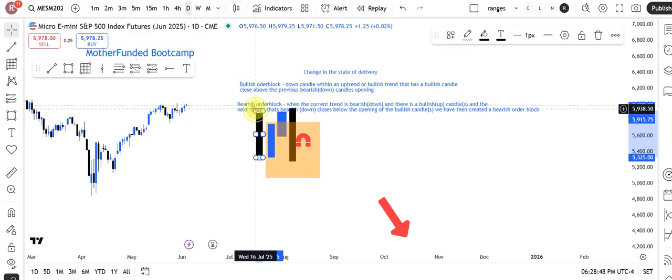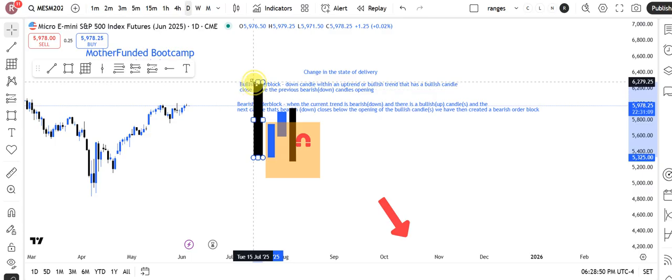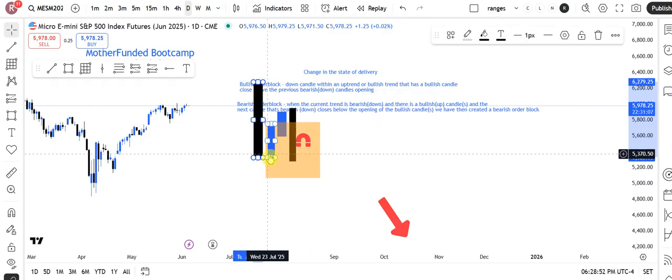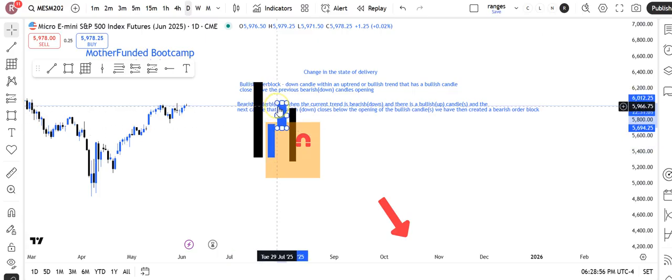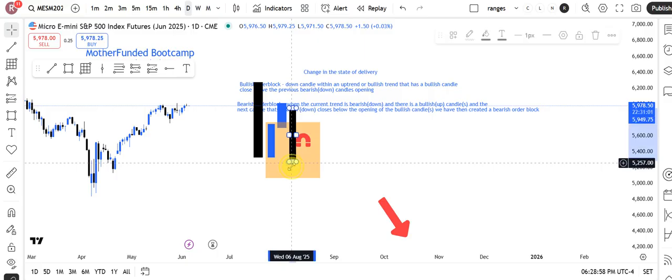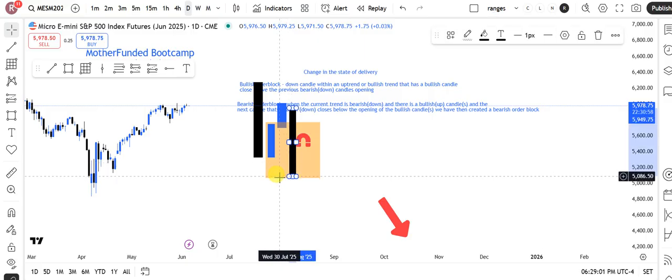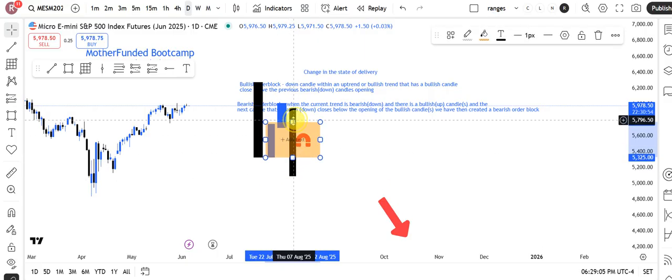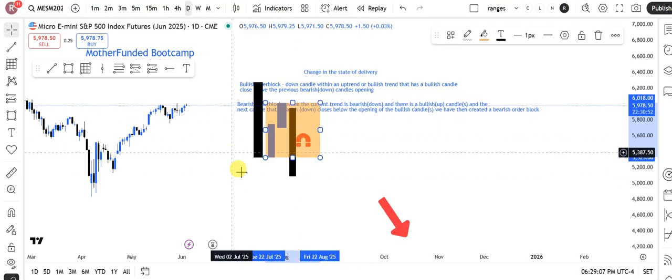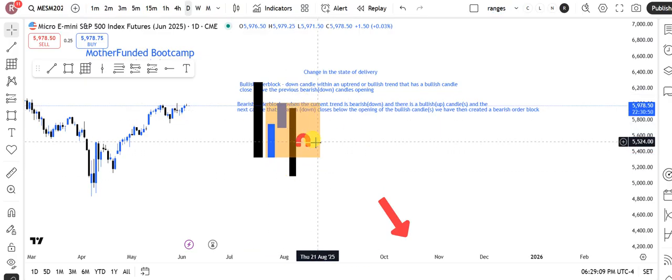Okay, I'll make this bigger. So, boom, and then we'll just say like that-ish, and then we'll say this candle closes like that. And then, like I said, we'll have to adjust the order block to fit both of these candles, and thus we have created our full order block.